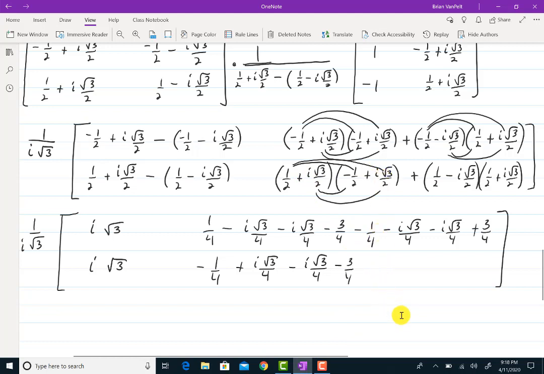And then same deal over here. 1/2 times 1/2 is positive 1/4. And then 1/2 times I radical 3 over 2 is positive I radical 3 over 4. The inner is negative I radical 3 over 4.